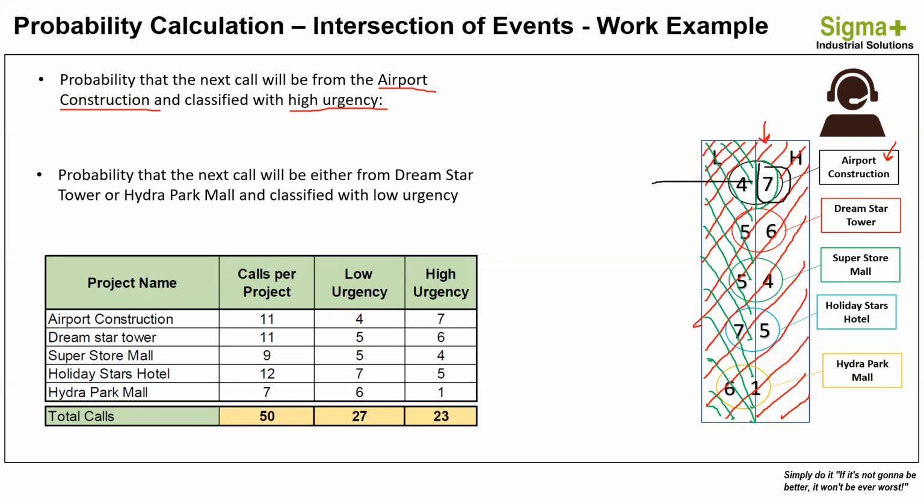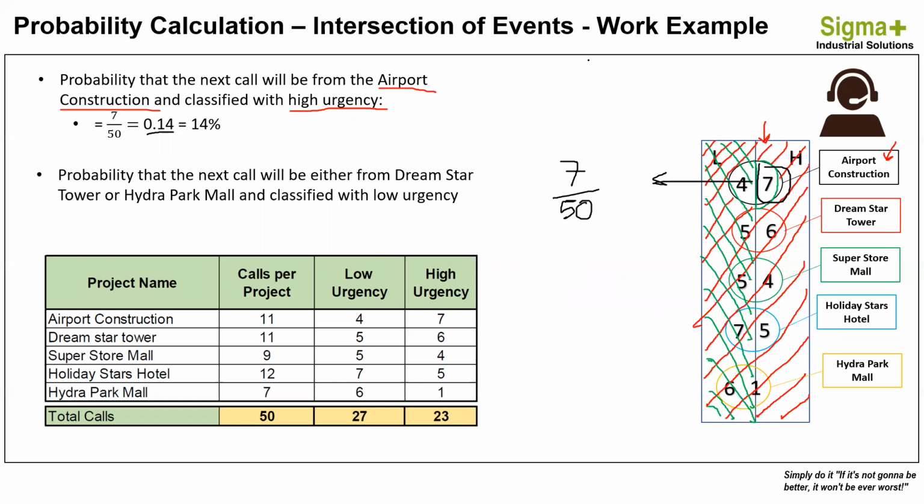So I can conclude that the probability that the next call will be from the airport constructions and classified with high urgency is equal to 7 calls divided by the total calls received, which is 50. So 7 divided by 50 is approximately 14%. Yes, so you can see that it is equal to 0.14 or 14%.